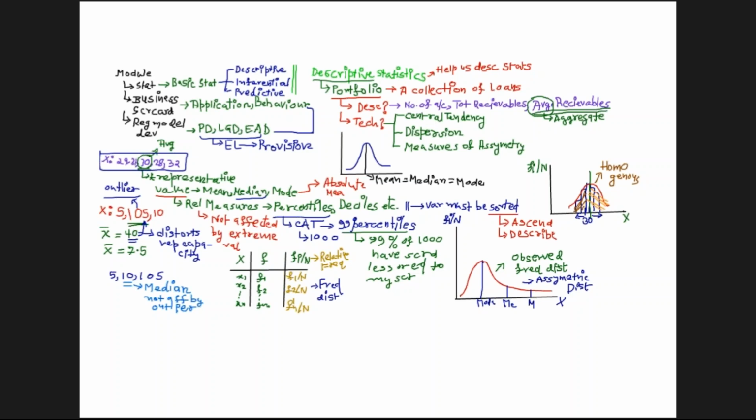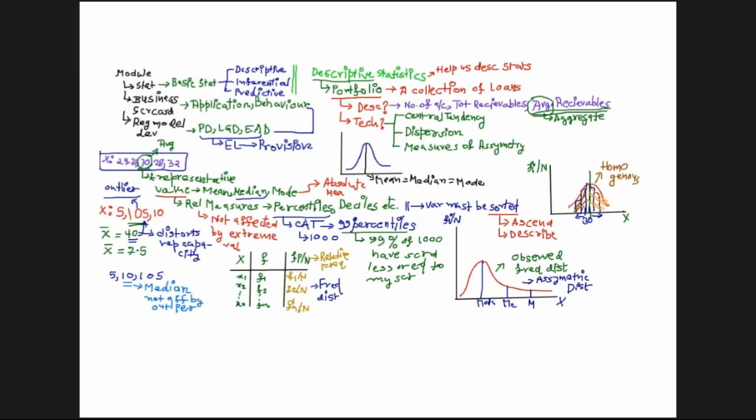We had discussed both absolute measures of central tendency and relative measures of central tendency, where we covered mean, median, mode, and relative measures like percentiles, deciles, etc. One major conclusion was that the absolute measures of central tendency often tend to get biased by the existence of outliers, whereas the relative measures do not.